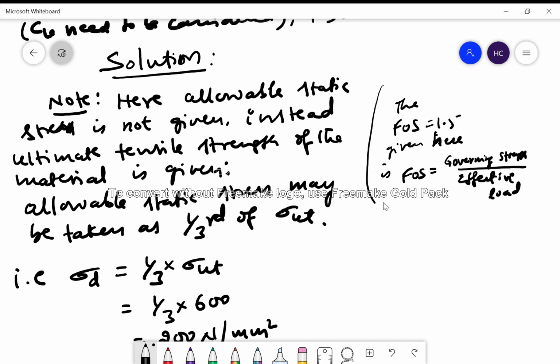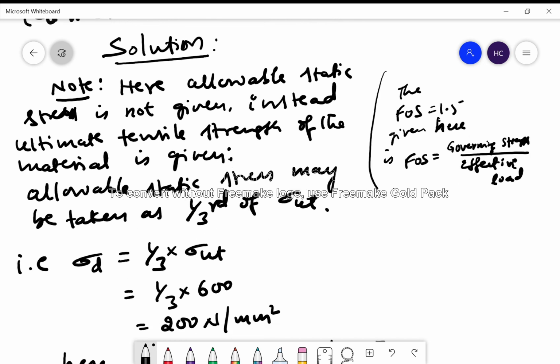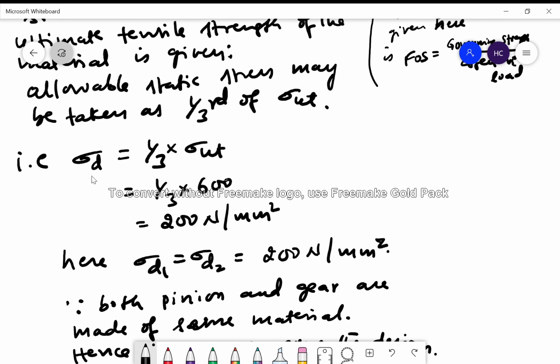It's not for considering the allowable static stress. This allowable static stress can be obtained by dividing ultimate tensile strength by 3.